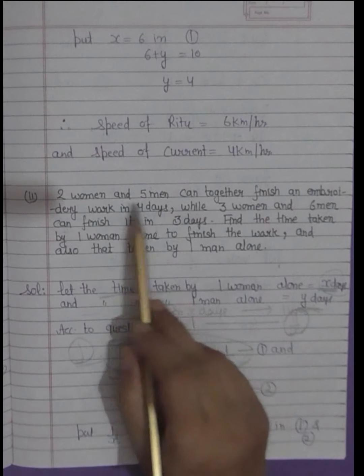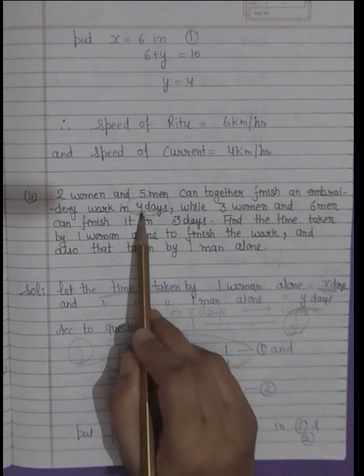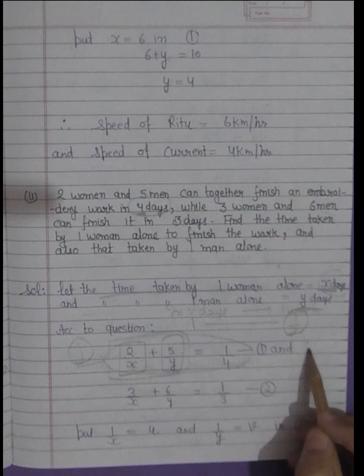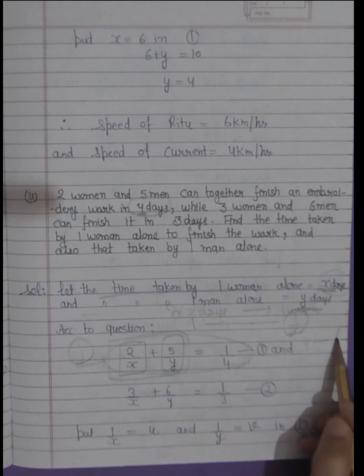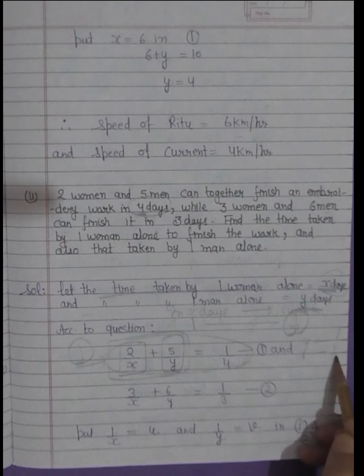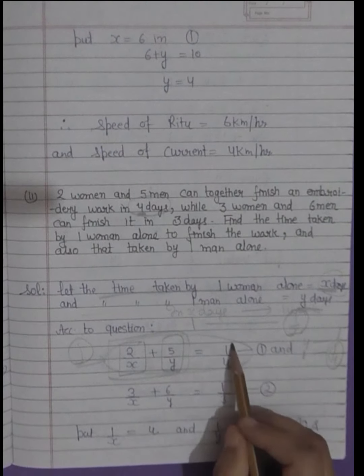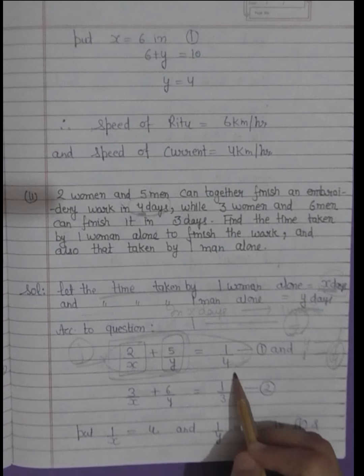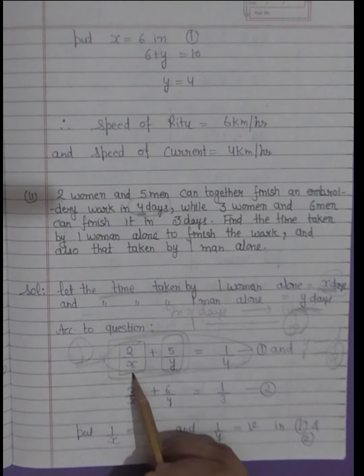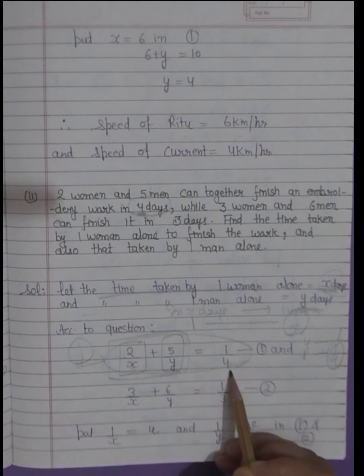Now, actually together they are doing the whole work in 4 days. Means in 4 days they are doing one complete work. So, in one day they are doing 1 by 4 part of that work. So, this equation is 2 by x plus 5 by y is equal to 1 by 4.